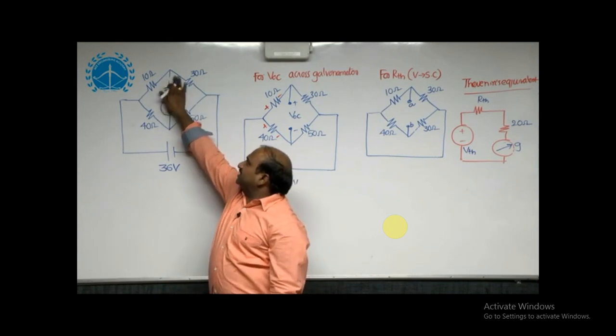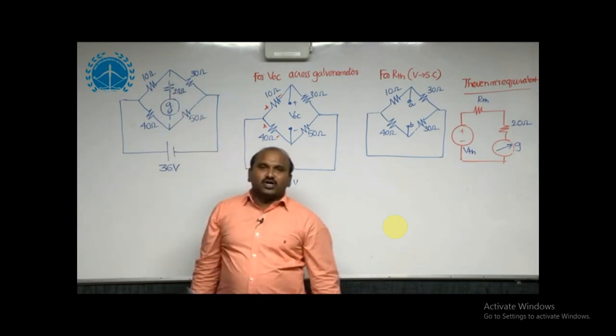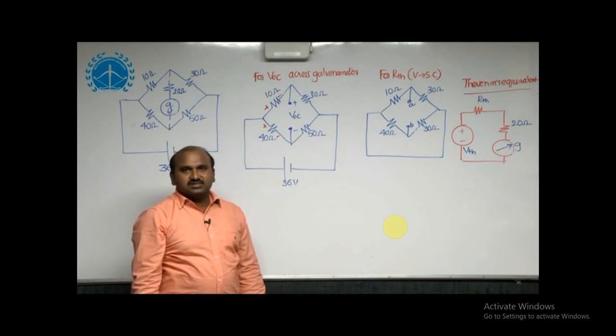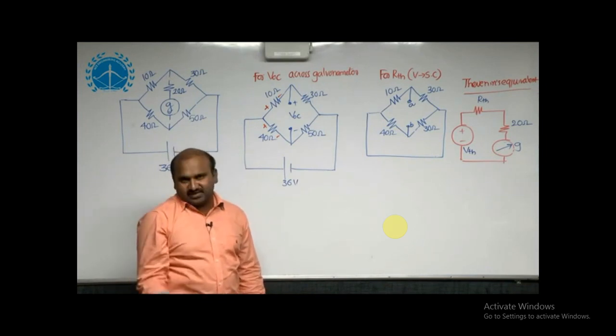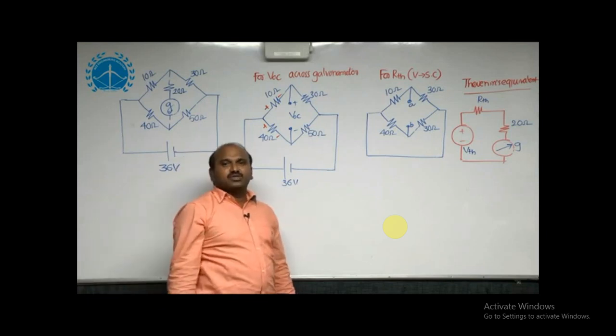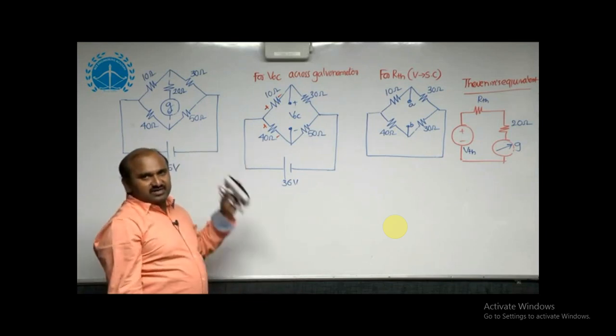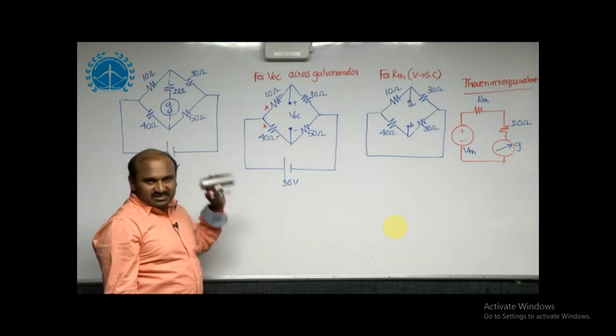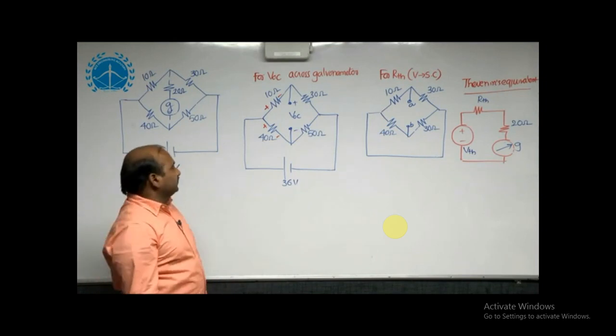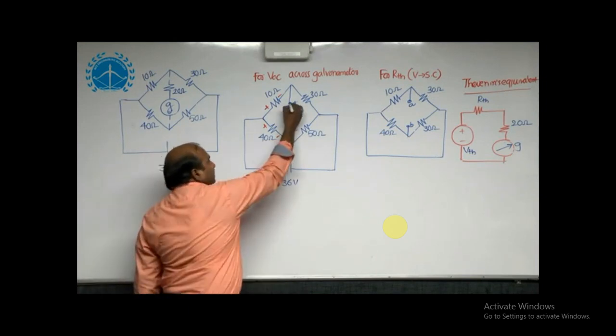Now disconnect that 20 ohms resistor with the galvanometer, since we can estimate Thevenin's equivalent for any two-terminal network. First you need to make that a two-terminal network. For that I have disconnected the load circuit, the galvanometer having series resistance of 20 ohms. Now we are getting a two-terminal network.